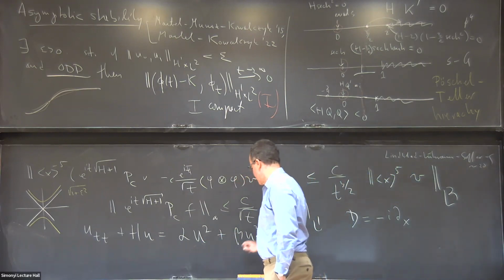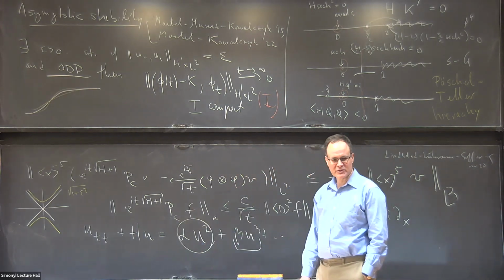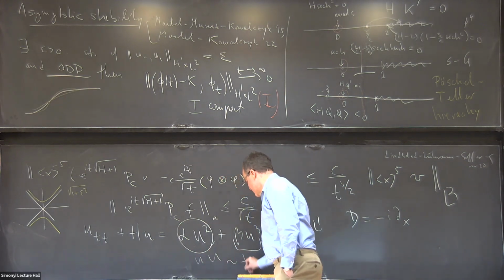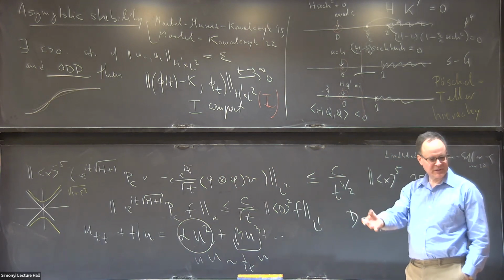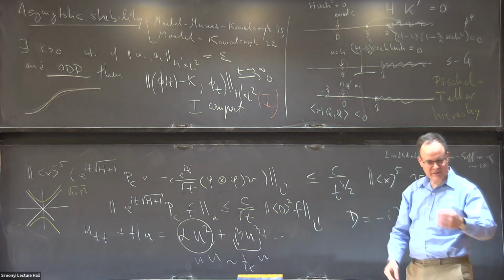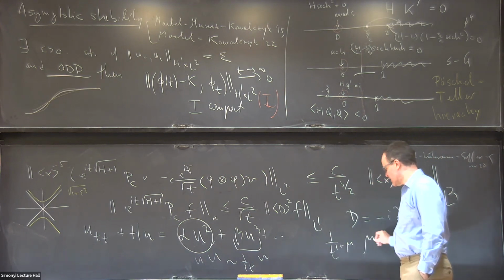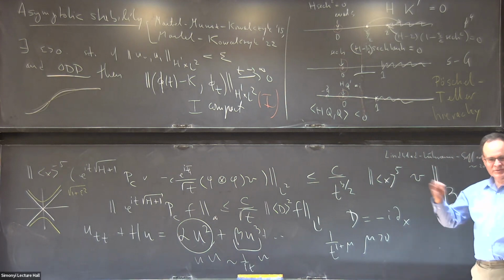This guy looks incredibly dangerous and non-perturbative, because if you write u times u, then this is 1 over root t times u. 1 over root t is hopelessly divergent because you're trying to do the Duhamel formula, and ideally you want to see on the right-hand side terms of this form, and then you can integrate them to infinity, and you're done.